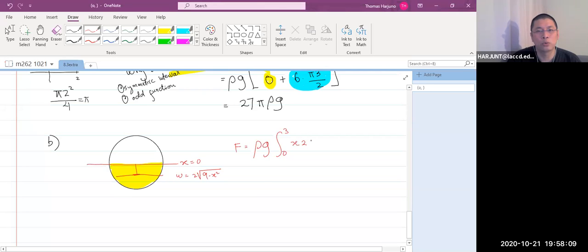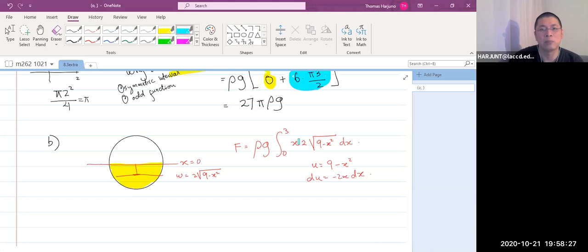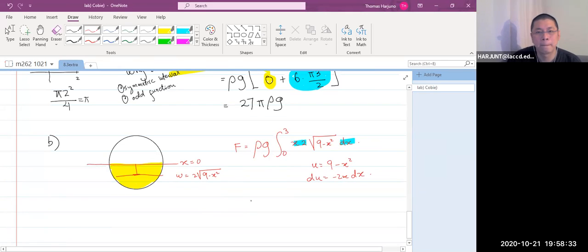The width is 2 square root of 9 minus x squared dx. Just regular substitution. u equals 9 minus x squared, so du equals negative 2x dx. So this is my negative du. This is 9 and this is 0.